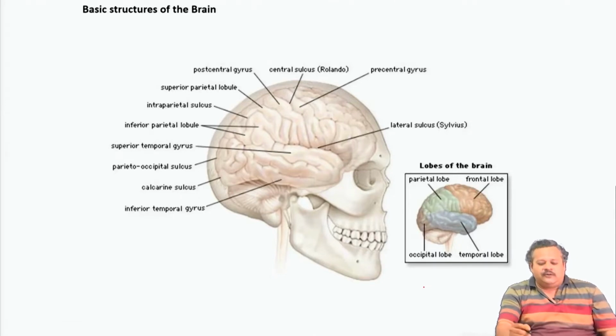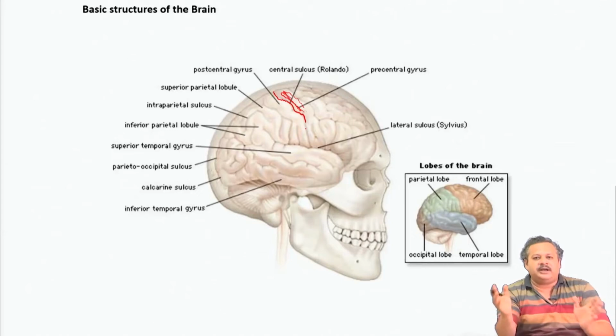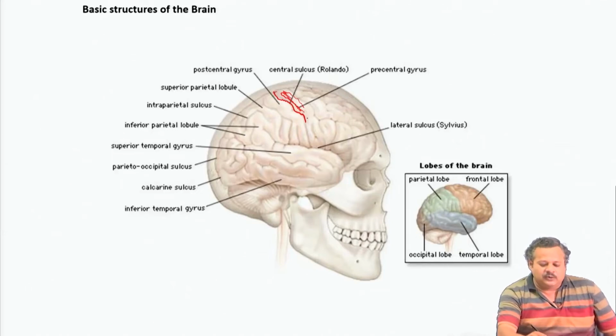For example, this whole region here that I am drawing in red is a gyrus, and the central part, which is an indentation that separates the gyri, is what we call a sulcus.